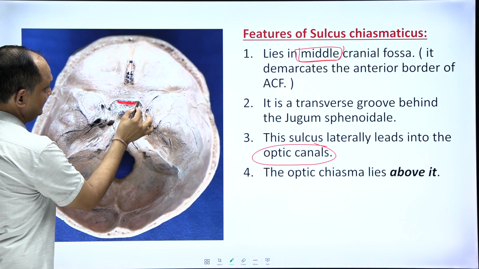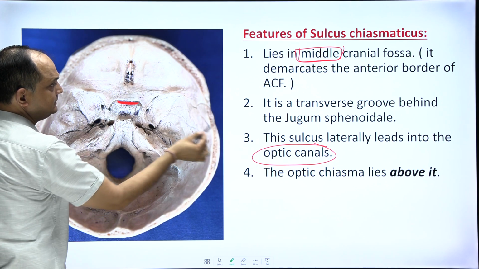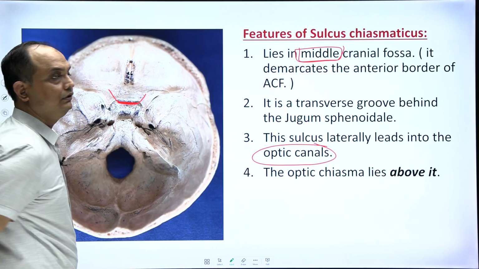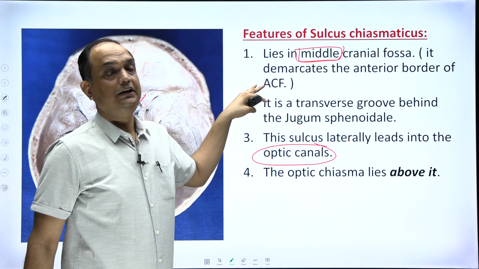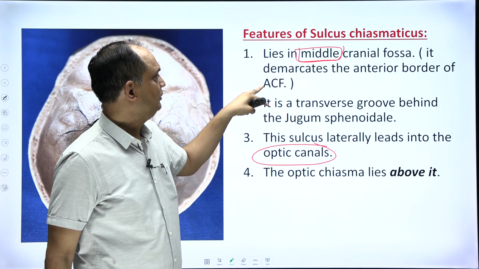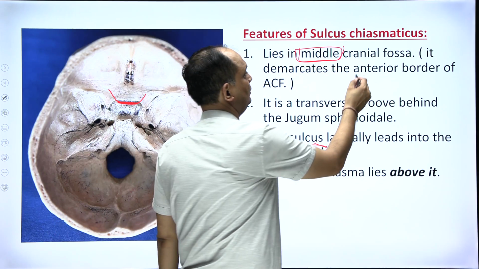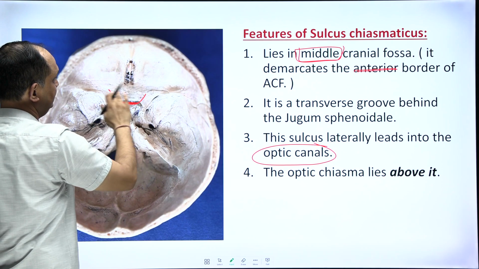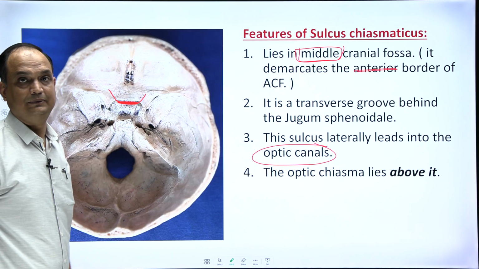Now sulcus chiasmaticus is a part of the middle cranial fossa, and both the ends of this sulcus chiasmaticus laterally continue into your optic canals. So it demarcates the posterior border of the anterior cranial fossa. This anterior cranial fossa will end here, that is at the sulcus chiasmaticus.